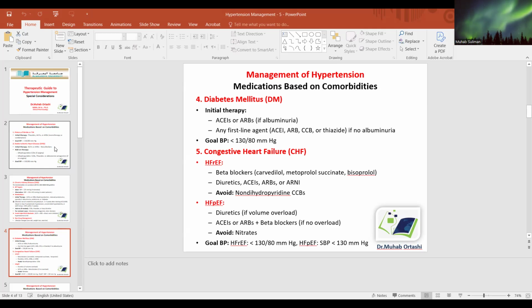Besides other drugs like first-line treatment, which are ACE inhibitors and ARBs, we can even use diuretics, depending on patient status.